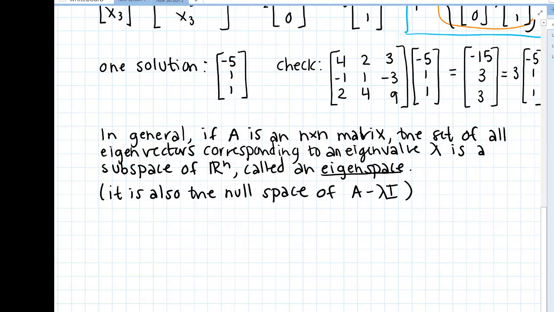Okay, there's one more thing I want to talk about before we get to some new stuff. This is something that came up on the worksheet.